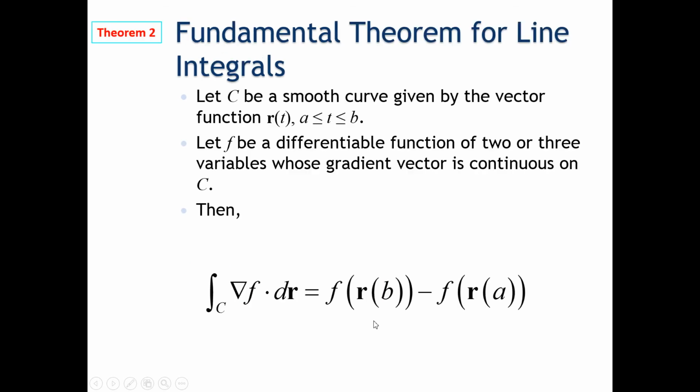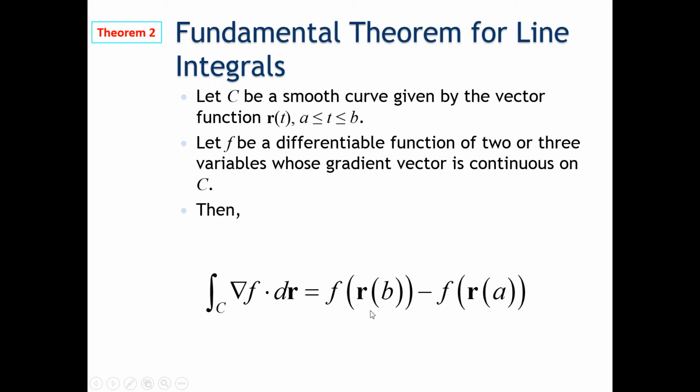It makes sense. So, Theorem 2 in your book, the fundamental theorem for line integrals. Let C be a smooth curve given by the vector function r(t), where t lies between a and b, and let f be a differentiable function of two or three variables whose gradient vector is continuous on this curve C. Then the line integral along the curve C of del f dot dr is equal to f(r(b)) minus f(r(a)), that is, the value of f at the endpoints of the interval.